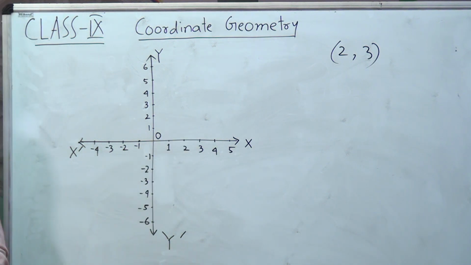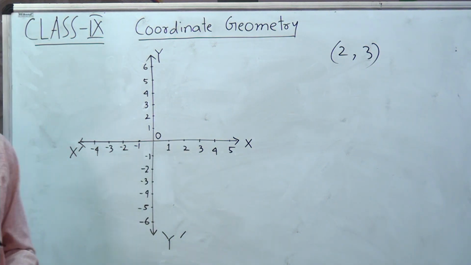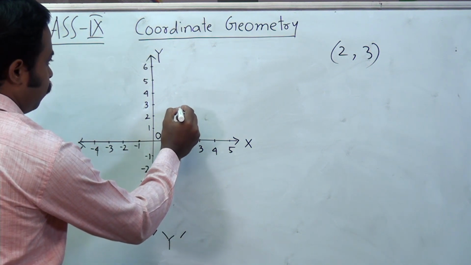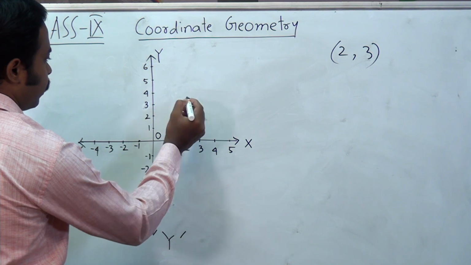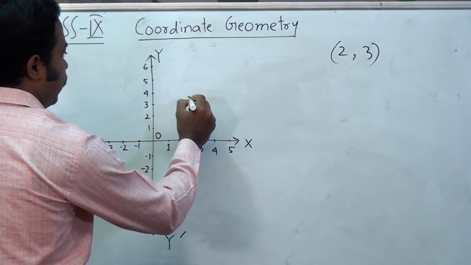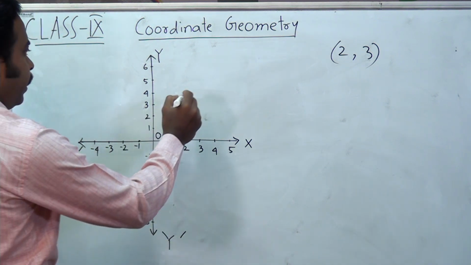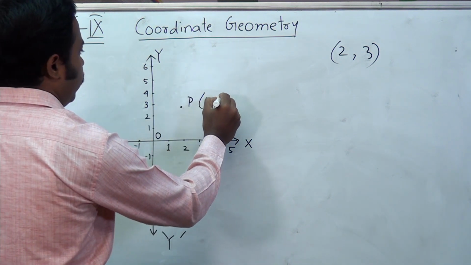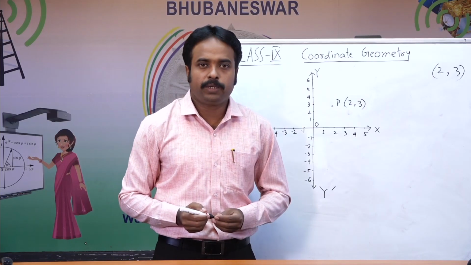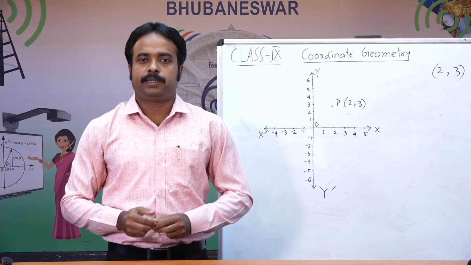Then we have to go 3 units along the y-axis. So if we go 3 units along the y-axis, then its position is this. Therefore, if we take P as this point, then the coordinates of this point are (2, 3), or P is the point which represents (2, 3).